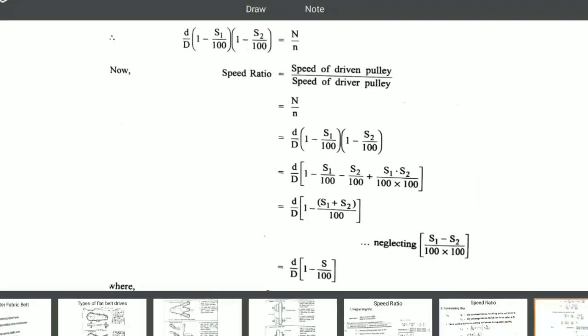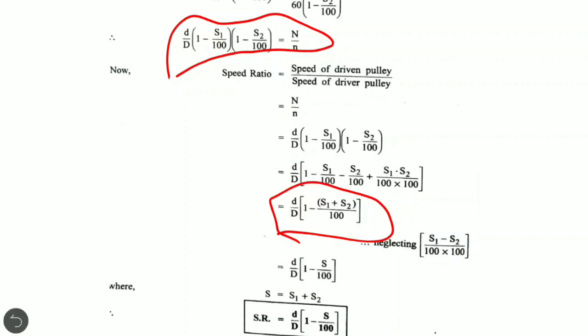So, these are the two equations. After equating these, this is the equation we got, and this is converted, and the final equation would be this after neglecting the product of slippages. So, the total speed ratio is d1 by d2 in bracket 1 minus S by 100.